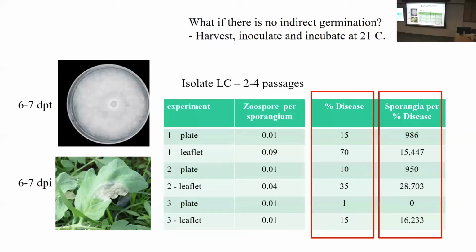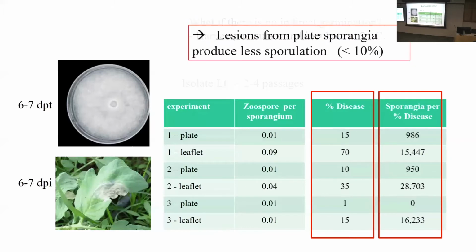Experiment 2, about 1,000 or almost 30,000. And experiment 3, actually got no sporangia, but about 16,000 from leaflets. So not only is that organism less infective, but the lesion that it produces has many fewer sporangia, probably less than 10% as much. That was a difference I had not expected.